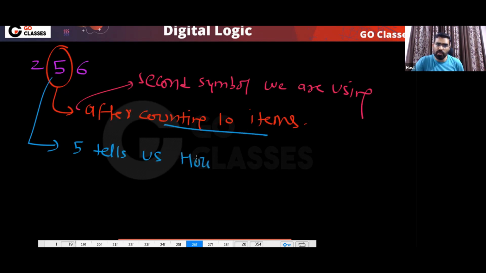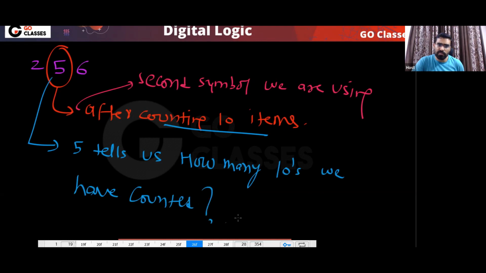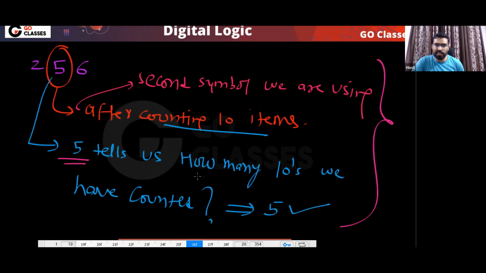How many tens have we counted? Total 5 tens we have counted. Is this clear? Did you understand these two things? This 5 tells us how many tens we have counted, so we have counted 5 tens.